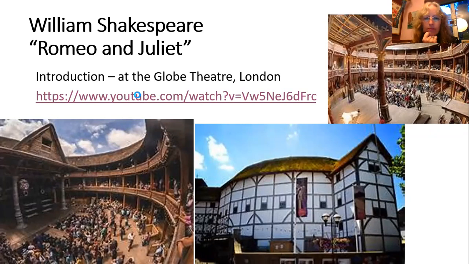From forth the fatal loins of these two foes, a pair of star-crossed lovers take their life, whose misadventured, piteous overthrows doth with their death bury their parents' strife. The fearful passage of their death-marked love and the continuance of their parents' rage, which but their children's end naught could remove, is now the two hours' traffic of our stage.